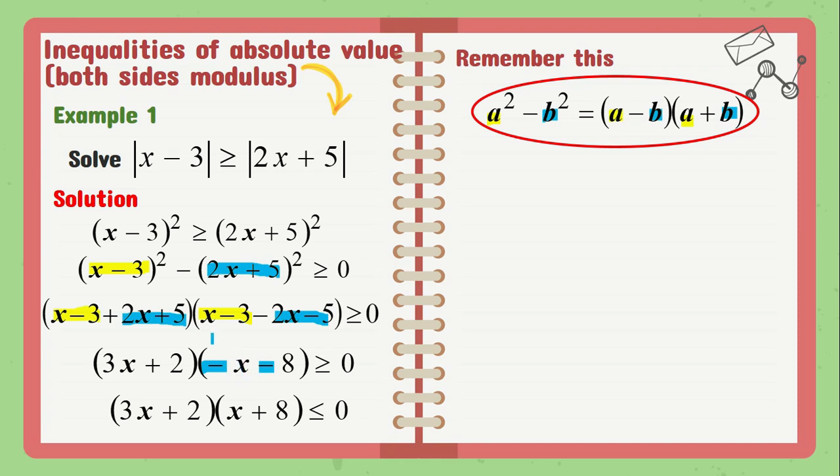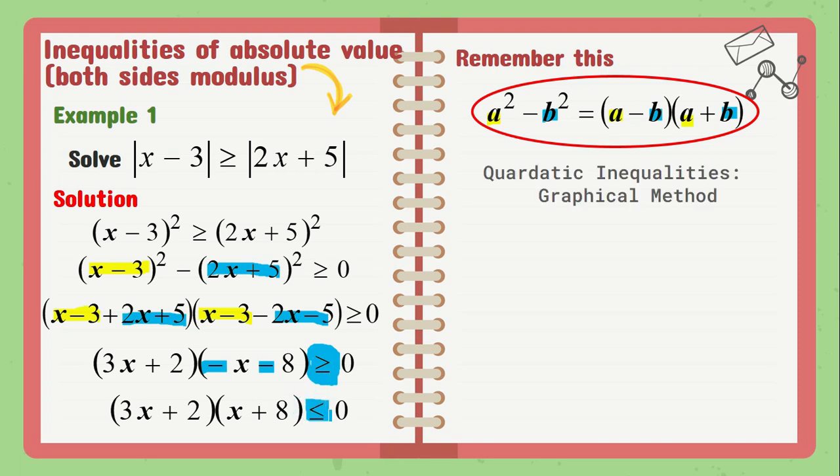When we factorize and bring the negative to the right hand side, the factor will become 3x plus 2 times x plus 8. But be careful about the sign of the inequality. From more than or equal, it becomes less than or equal.